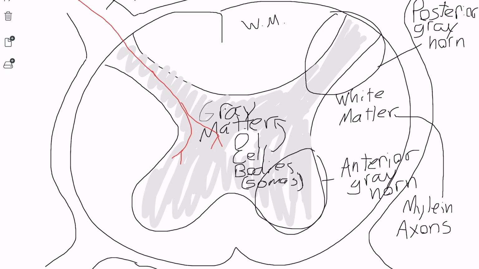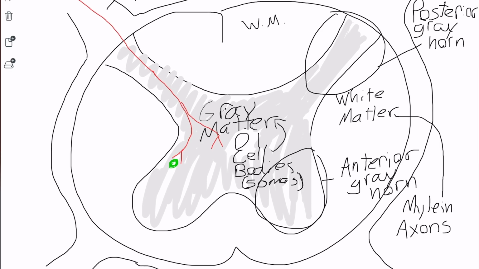So these little forks at the end represent just the axon terminals. All right, so they're going to synapse onto, what do you think they synapse onto? You guessed right, I'm sure. Motor neurons.